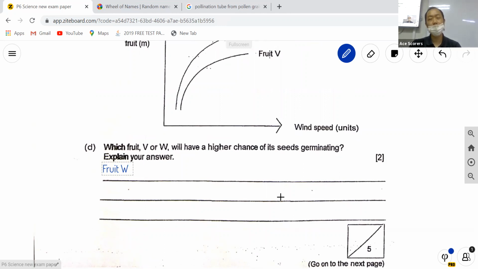Yes, full marks answer. So the answer is fruit W. Now explain your answer.